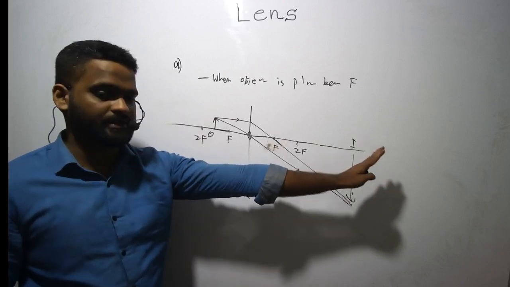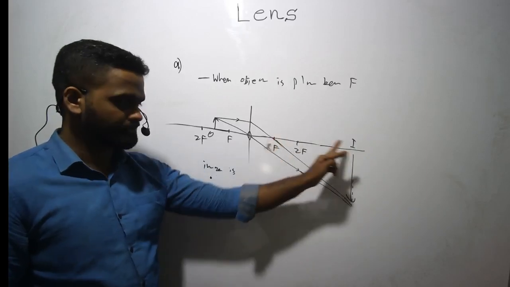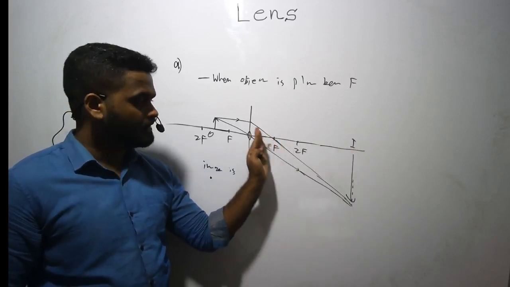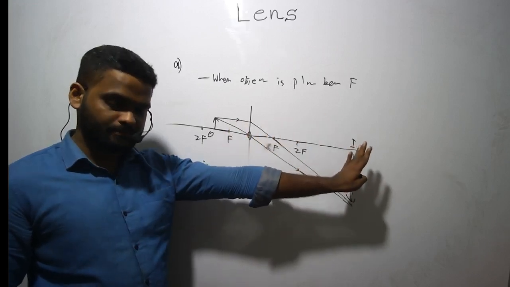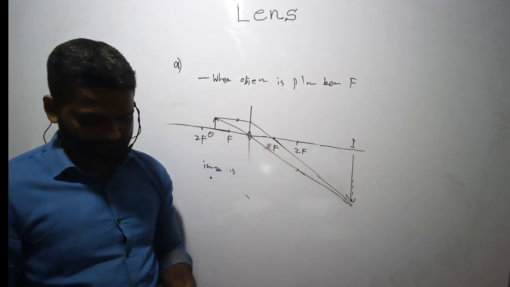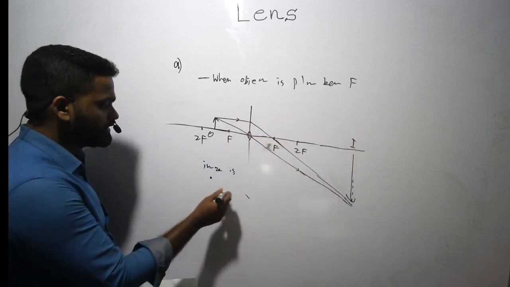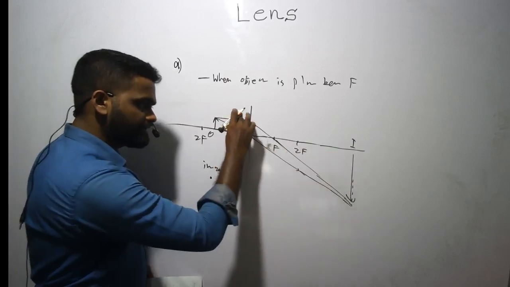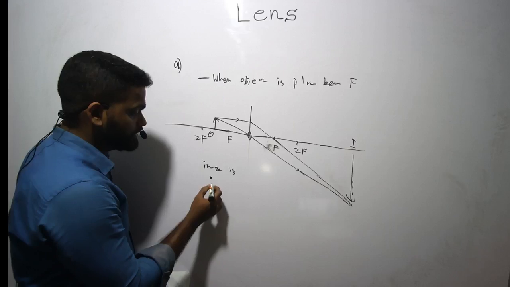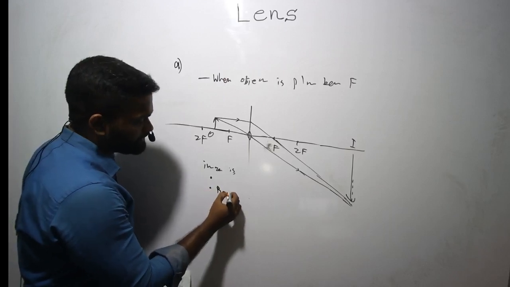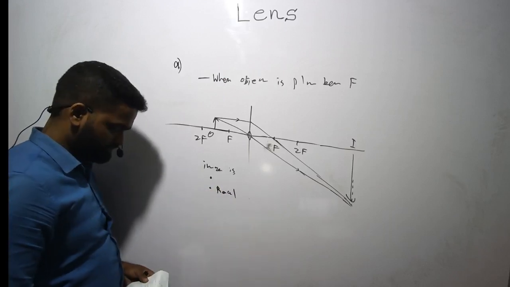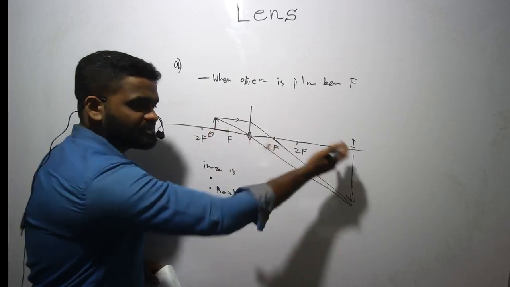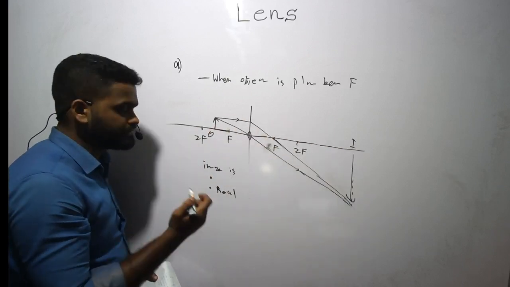Behind means this side, front means this side. When they say f, they are talking about this f. Behind and beyond f. If it is this side, we know the rays actually go to that point, so another point you can say is real.